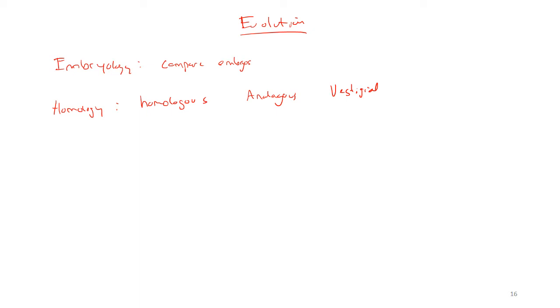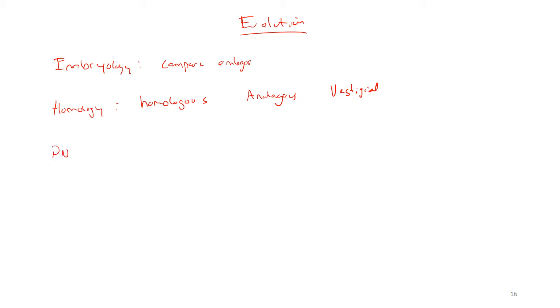So it probably shows we had a common ancestor at some point where both of us had legs. Analogous structures mean they have the same function, but not the same structure. So like butterfly wings and bird wings, which means they're probably not closely related. Homologous structures mean same structure, different function. So like a cat's paw and a human's hand. They use it for different things, but they basically have the same bones in there, which shows we probably do have a common ancestor.